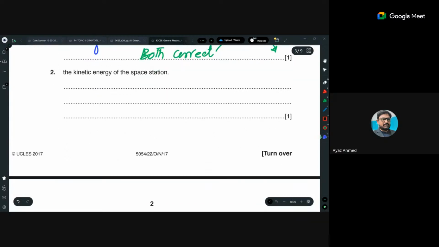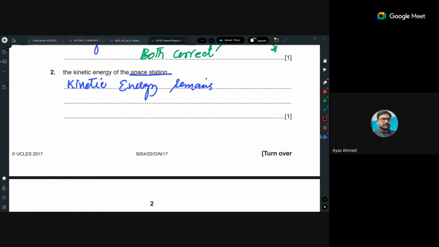Then kinetic energy of the space system. So kinetic energy remains unchanged. Why? Because kinetic energy is a scalar quantity.